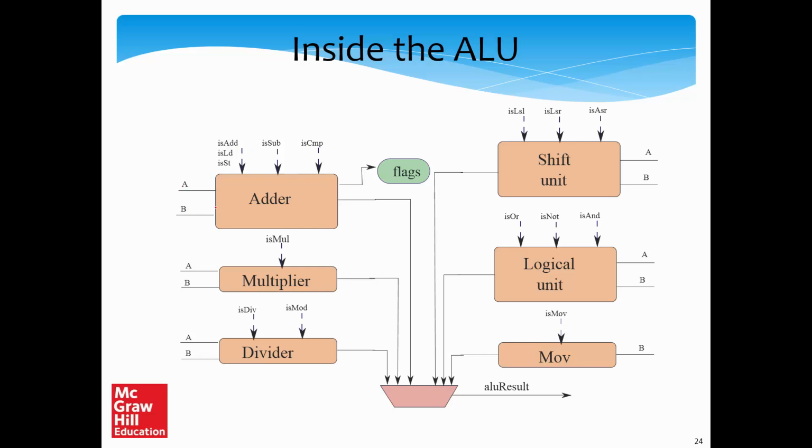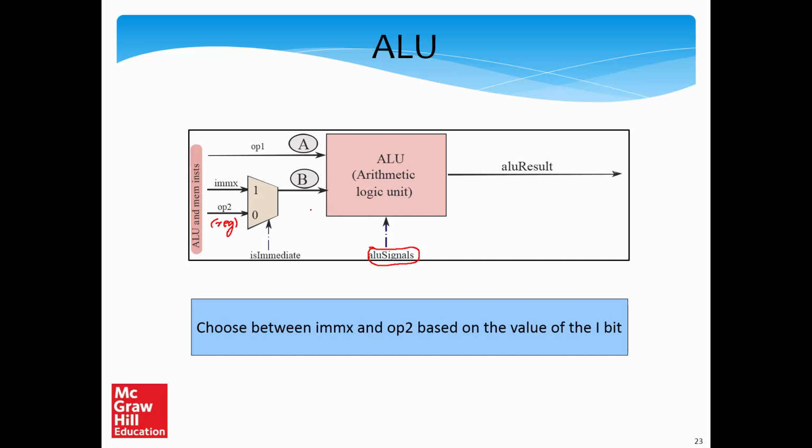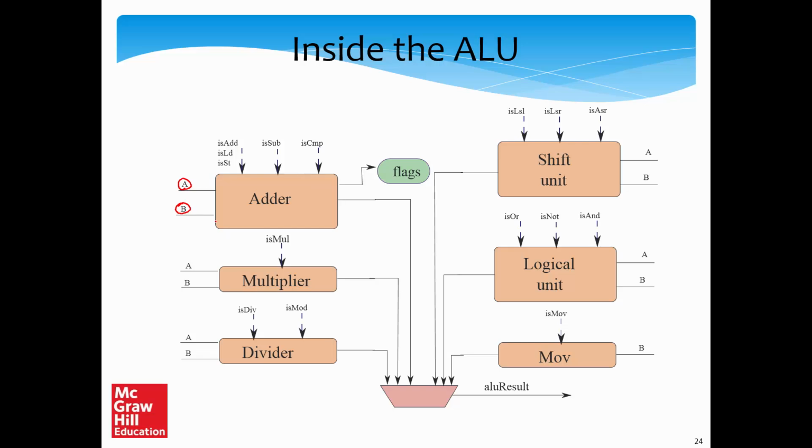The inputs to each of these units are the inputs to the ALU, which are A and B, as mentioned on the previous slide. Essentially we love giving names to wires, so we have given a name to the first wire as A and to the second wire as B. The adder also takes two inputs, A and B.